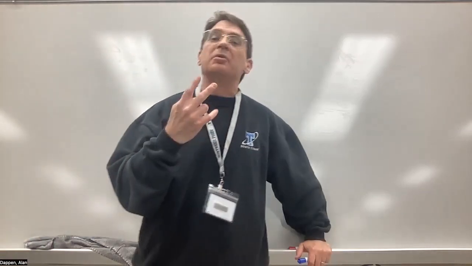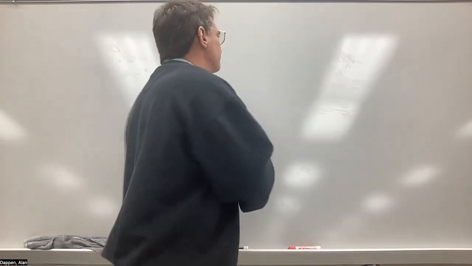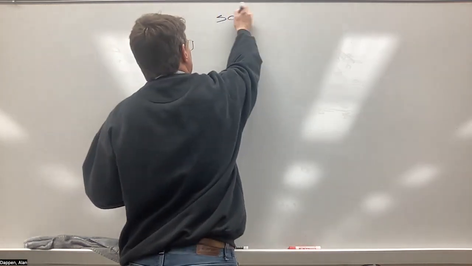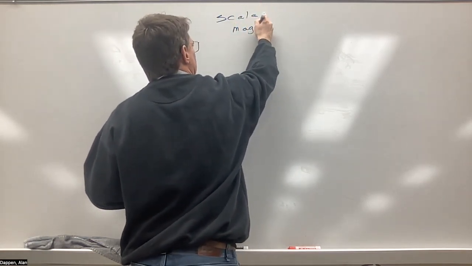Now, there are two kinds of numbers in math, vectors and scalars. Scalars, S-C-A-L-A-R-S. A scalar is a number that has a magnitude only.